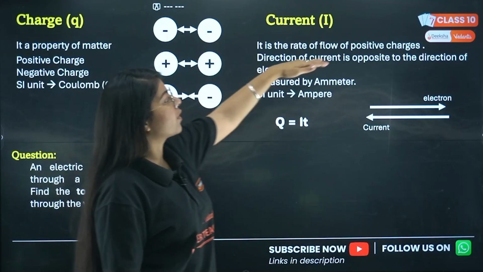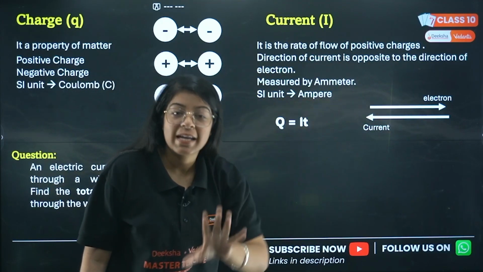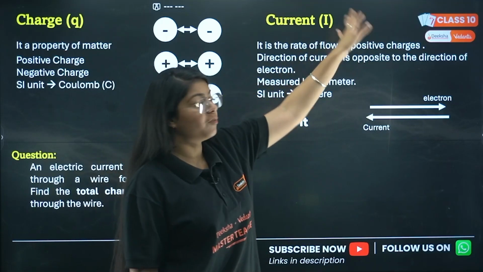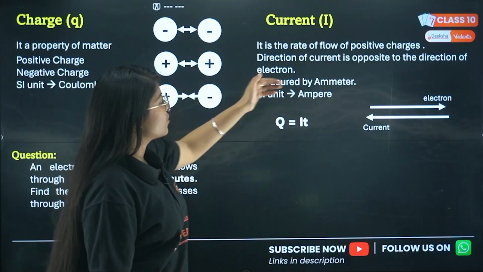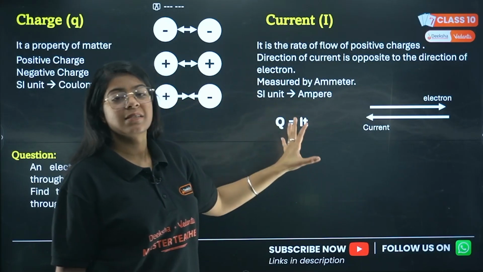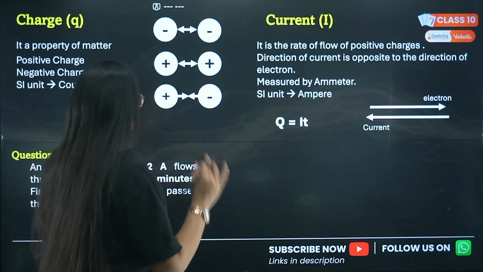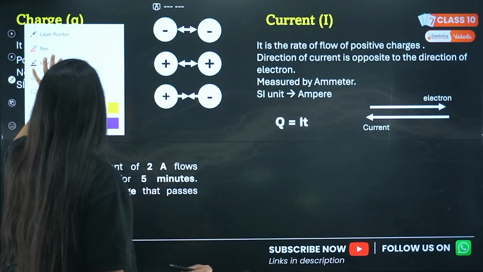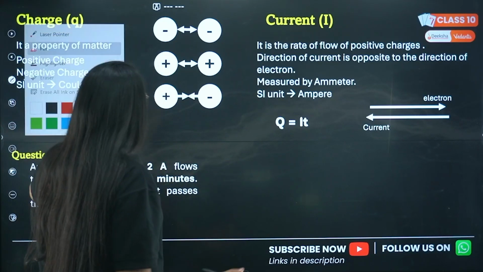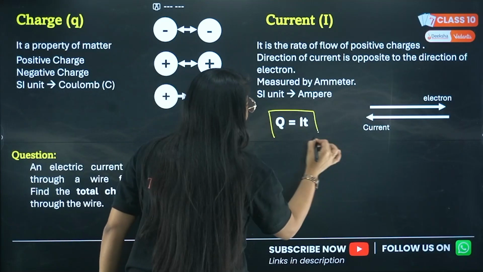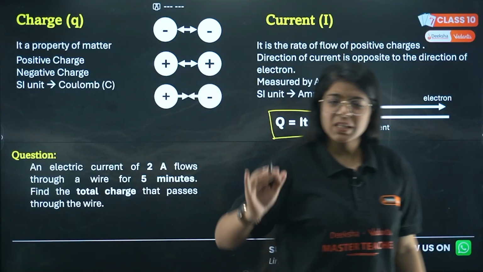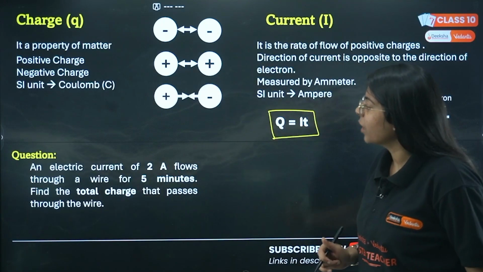Now we know the direction of current is opposite to the direction of electrons. That's why we said rate of flow of positive charges, and this is measured by ammeter and the SI unit is ampere. Very important formula: Q equals I T. Very important formula. Let's see a basic numerical from here.